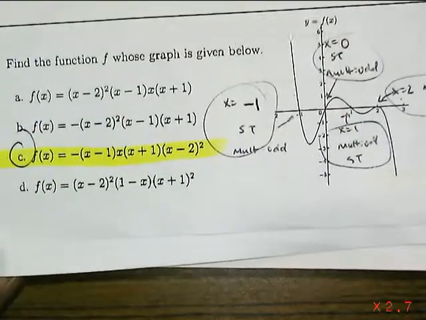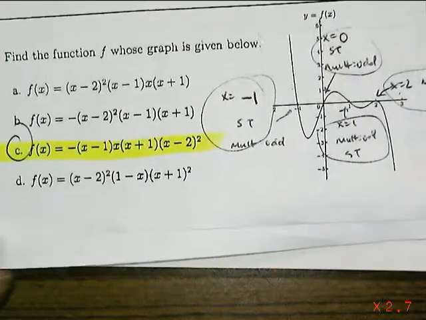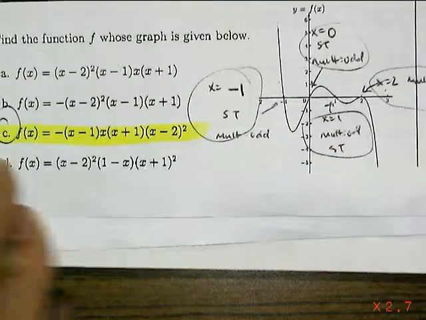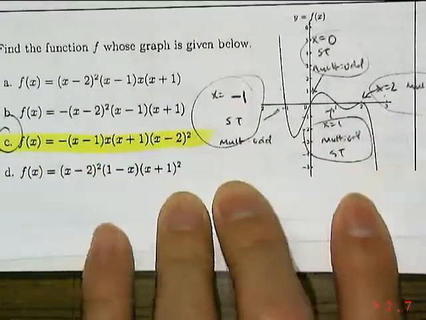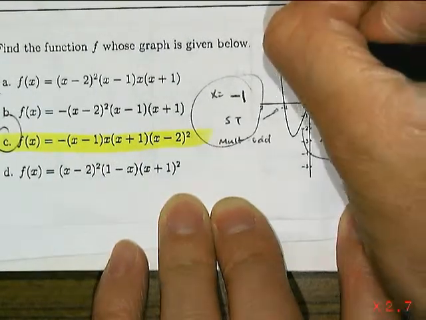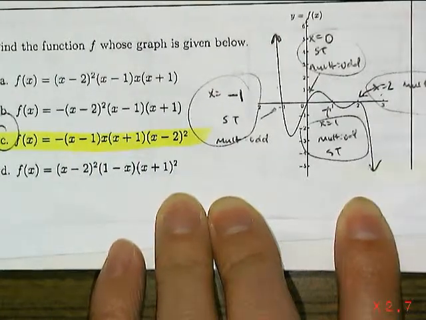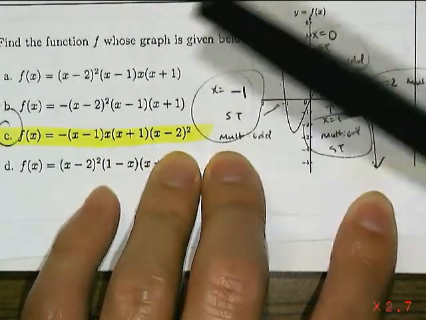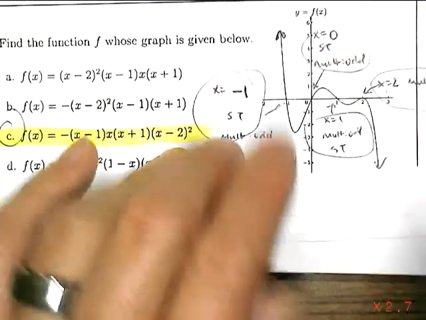Question number 11, I have this crazy graph. Find the function f whose graph is shown below. Okay, so there's a couple of things I should be looking for. Number 1, I recognize that it starts up but ends down. So I know it's an odd, because they're opposites.